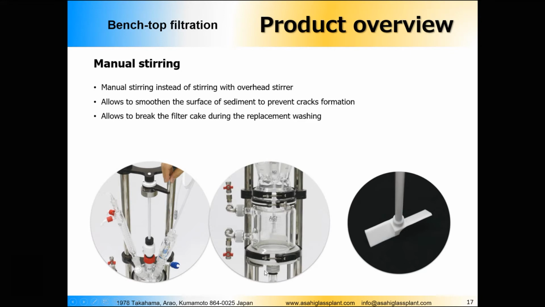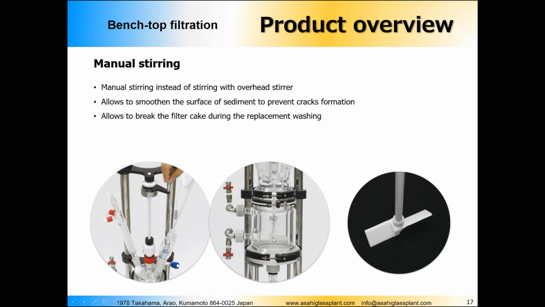So after the first filtration, we fill the vessel with pure solvent. We do not apply the vacuum at that moment. We stir it, maybe 2 or 3 or 4 rotations, and we mix it, and then we apply the vacuum and filter it. So that's how it works.